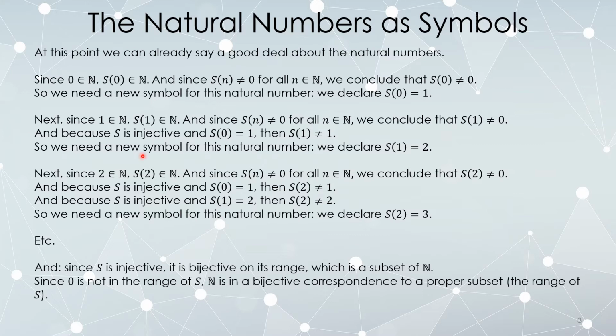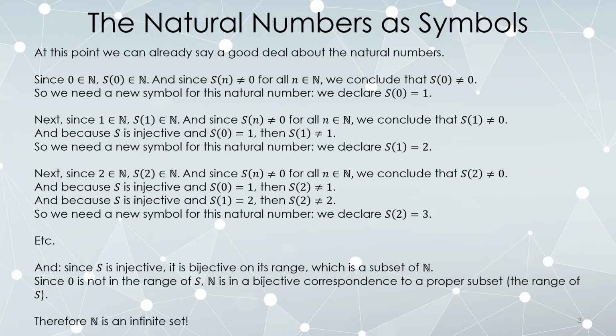Therefore, the successor function establishes a bijection between the domain, the natural numbers, and its range, which is a subset of the natural numbers, but not all of the natural numbers. So there is a bijection between the natural numbers and a proper subset of itself.